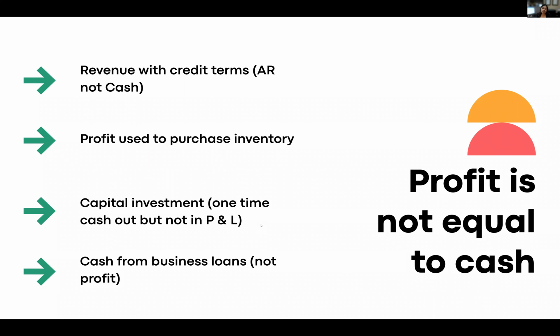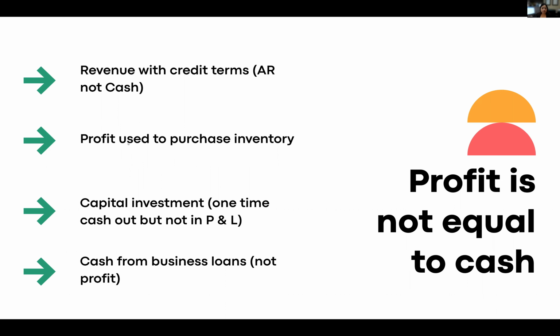So we have to really understand that there are transactions that affect the profit, but not really the cash. So for example, revenue with credit terms. So you've recognized the revenue, but you have not collected the cash. So there is the difference between the profit that you reported on your P&L and the cash that you actually have in the bank.